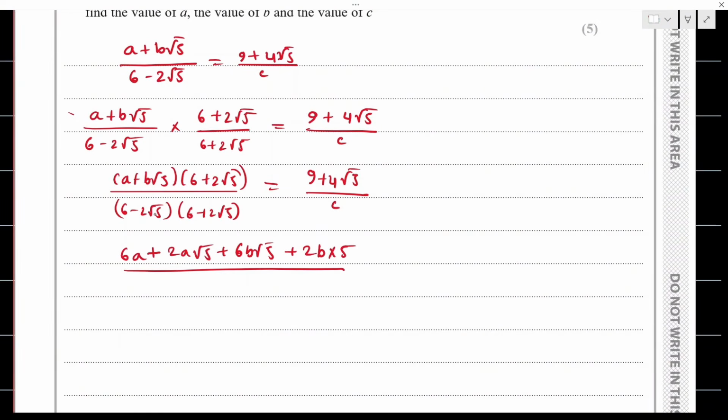This is our expansion for the numerator. In the denominator, we can see that these factors are in the format a minus b and a plus b. So I can apply the formula for a square minus b square here. So I can write 6 square minus (2 root 5) square as a simplified form of our denominator. And this is equal to 9 plus 4 root 5 divided by c.